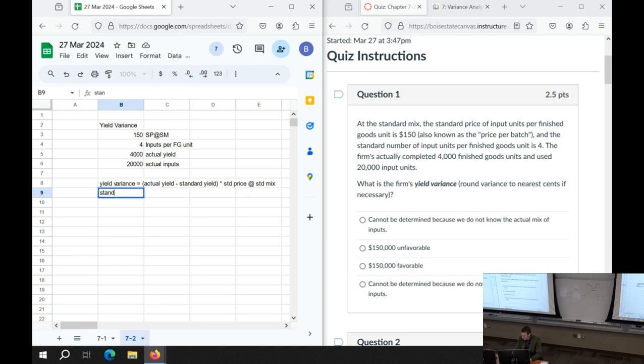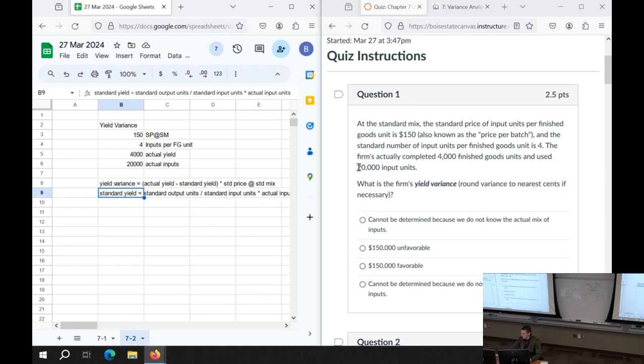So standard yield equals our standard output units over standard input units times actual input units. So the point is that we have this ratio of output to input units. We're going to multiply that by our number of input units here.